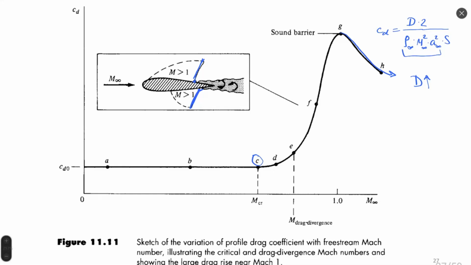That's it about the change, or behavior, of drag coefficient for the compressible transonic regime and supersonic regime. Then after we go to the supersonic regime, starting from Mach 1.2 until almost hypersonic flow, or until hypersonic flow, the drag coefficient stabilizes.